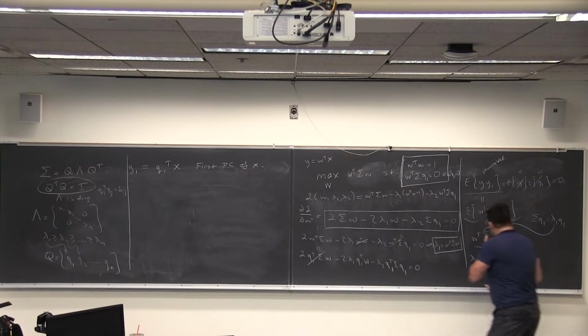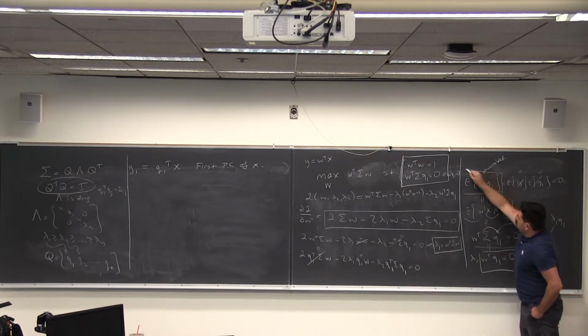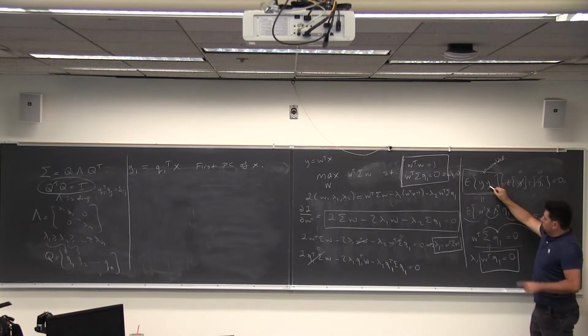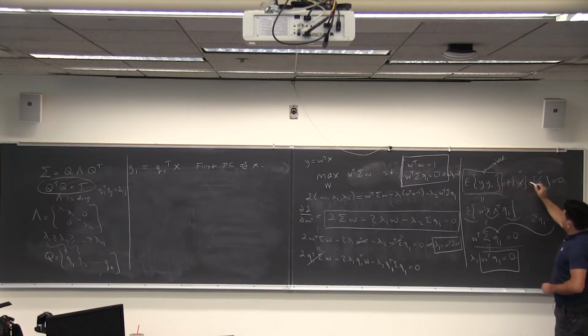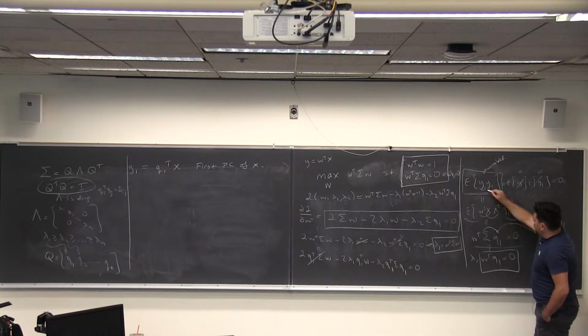So we started with the desire to make the second projection uncorrelated with the first one. But we assume X is 0 mean, so that makes Y and Y1 0 mean. So these being uncorrelated means the expected value of Y Y1 should be 0. Then I start substituting W transpose X for Y, Q1 transpose X for Y1.